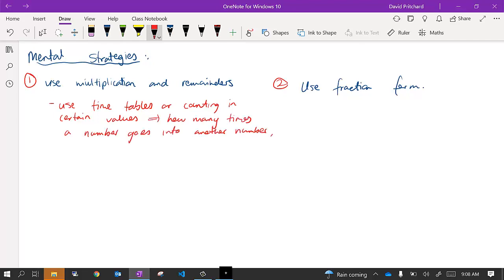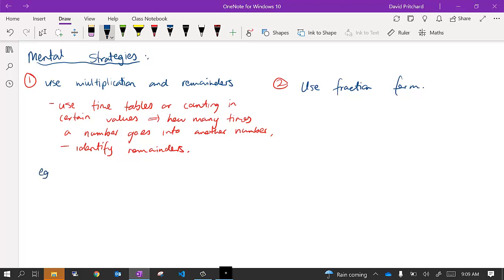And then hopefully we can also identify remainders, which are those leftover values. Now, I really like this strategy because it's pretty quick, particularly if you're able to use these strategies reversing multiplication.